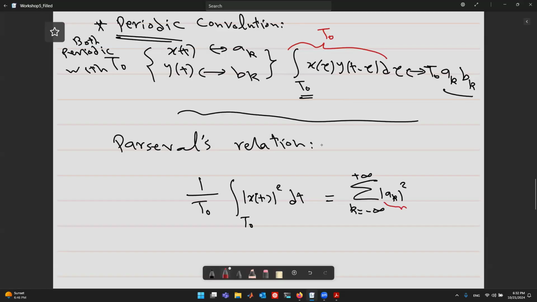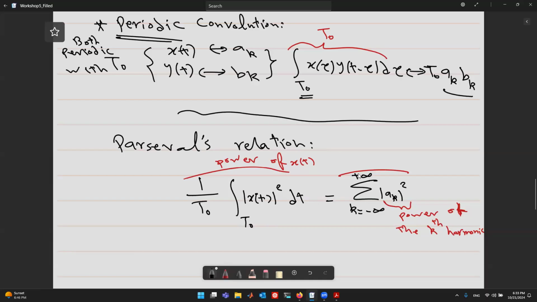We call this term the power of the k-th harmonic. And we add the power of all of the harmonics in the signal representation in the frequency domain, and we get the power of the signal. And this is also the power of the signal. Those two sides are equivalent.